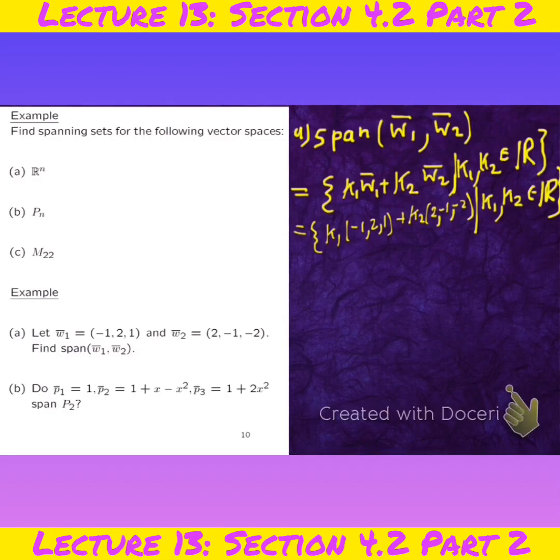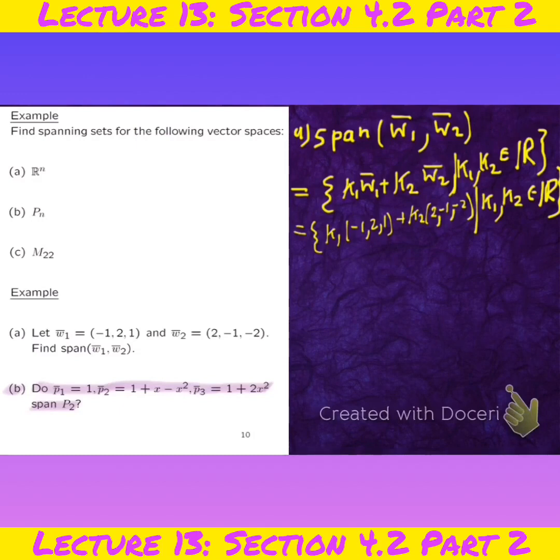Now, they'll ask us next, in B, do these vectors span P2? Now, what is P2 again? It's the set of all polynomials of degree less than or equal to 2. So we want to know, do the vectors P1, P2, and P3 span P2?